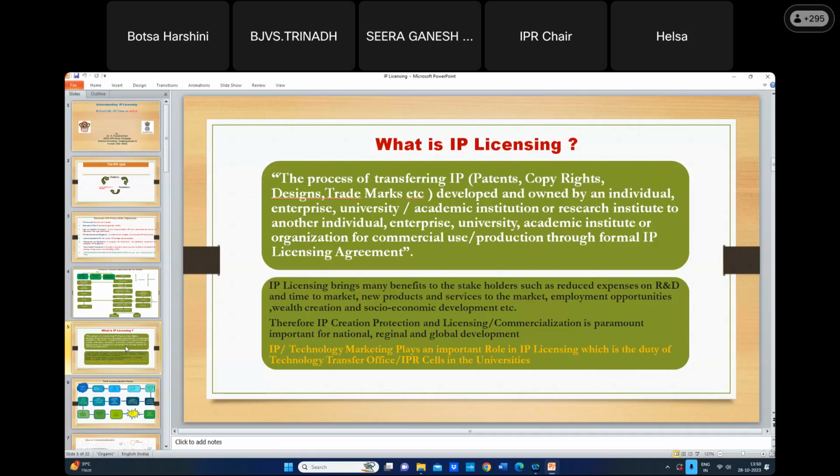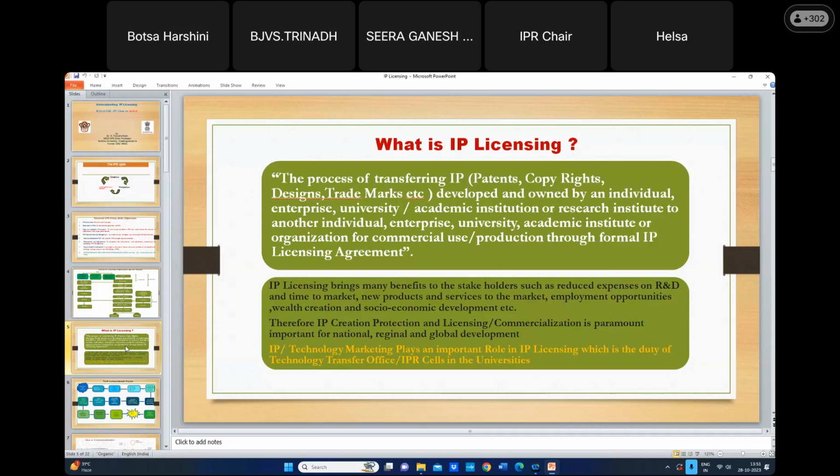The process of transferring IP, meaning the patents, copyright, design, trademark, or the remaining things, developed and owned. If you want to license, you should own it. How do you own it? By way of getting the rights granted to you by the government.